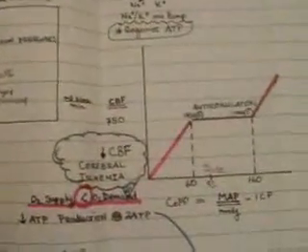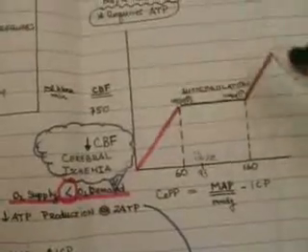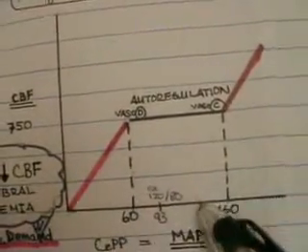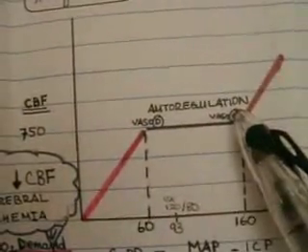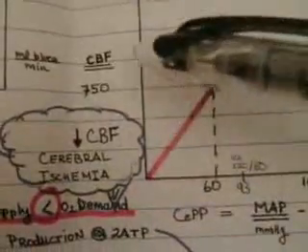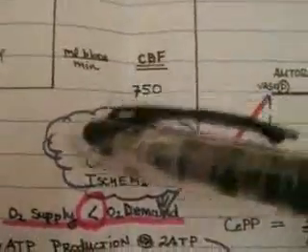So if your normal cerebral blood flow is approximately 750 mLs of blood per minute, and it's auto-regulated to have this blood flow between the mean arterial pressures of 60 and 160 due to the process of autoregulation, if you decrease your cerebral perfusion pressure, this may ultimately decrease your cerebral blood flow and lead to cerebral ischemia.